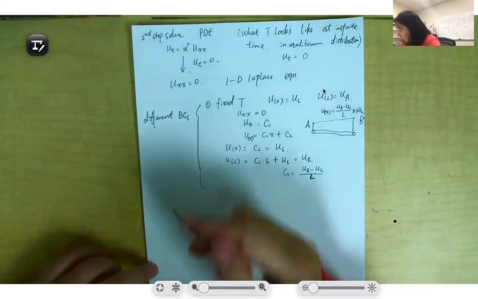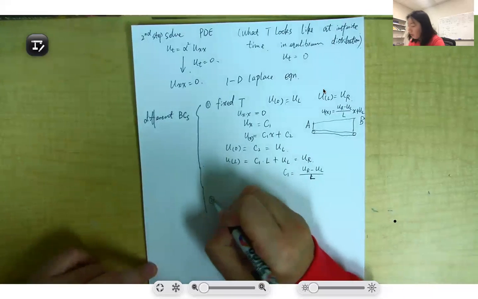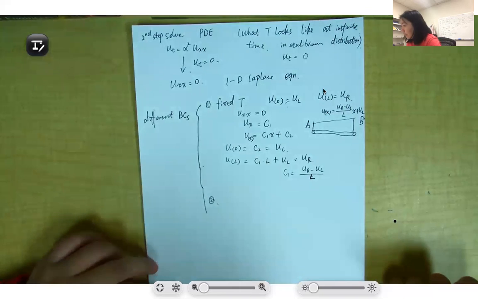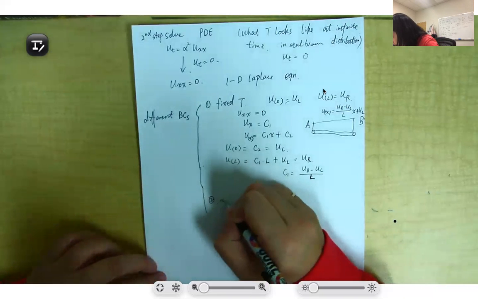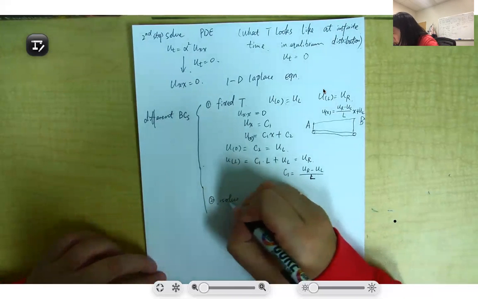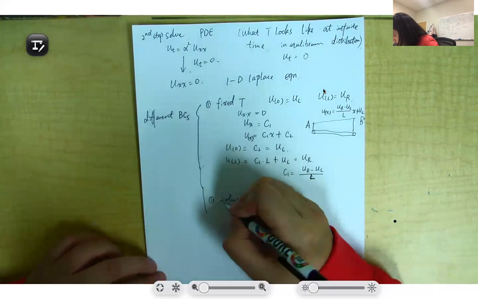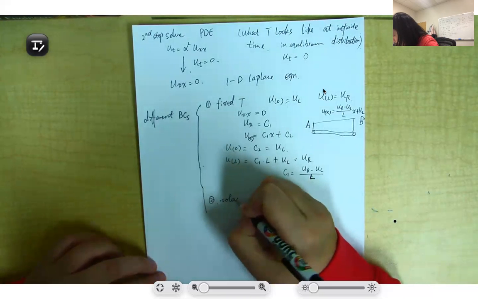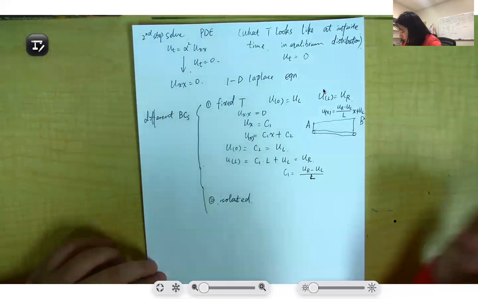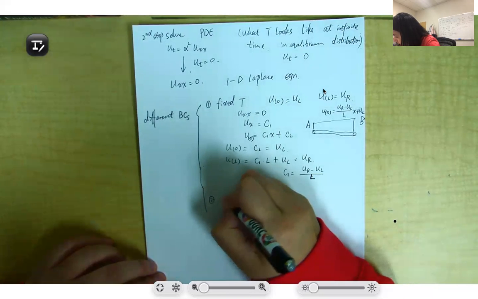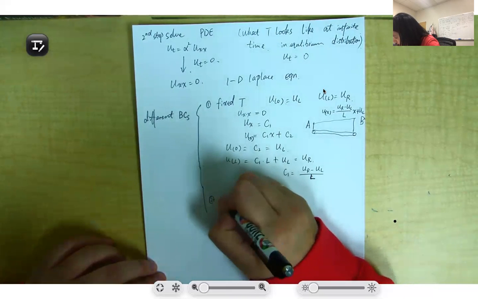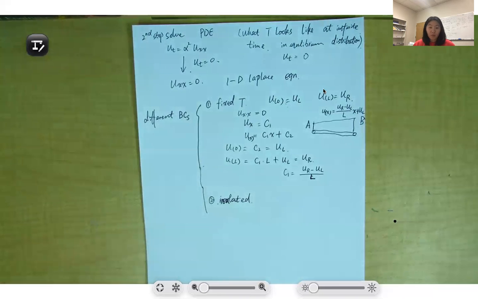Then the second type of common boundary condition is insulated. That means the gradient of the temperature at the initial and end points of the rod should be equal to 0.